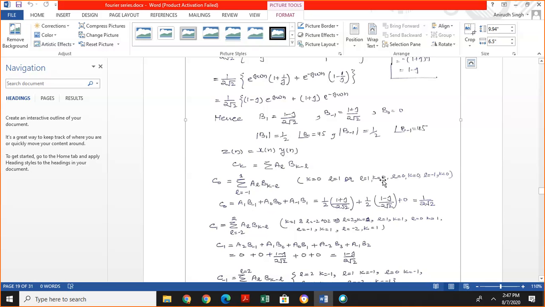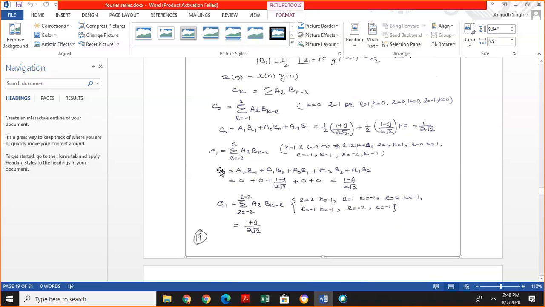In this case, it means A naught multiplied by B naught. Similarly, substitute l is minus 1 and k is 0. Then substitute all the values of A1, A0, A minus 1 and B minus 1, B0 and B1. You get the value of C naught.